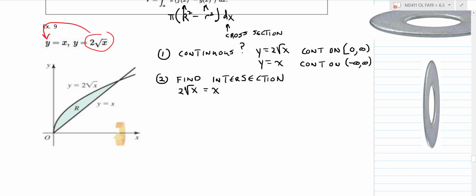We need to solve that equation. So the way we solve this equation is, you've got a radical, so you want to get rid of that radical. So when we do this, 2 squared would be 4. If you square that radical, you just get x. The radical goes away, and then this side would be x squared like this.